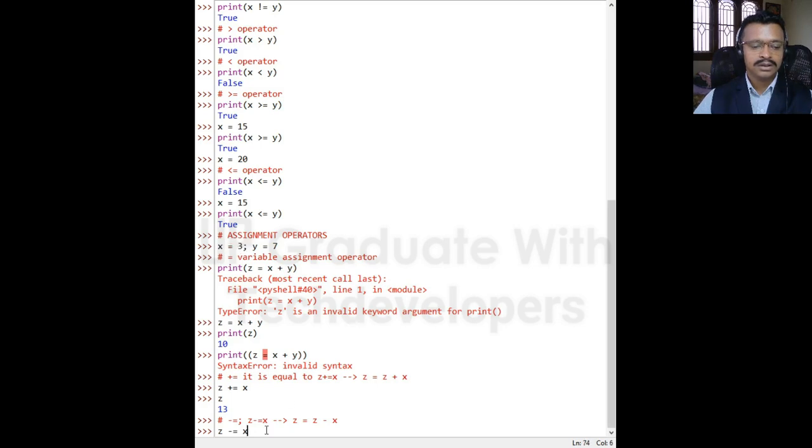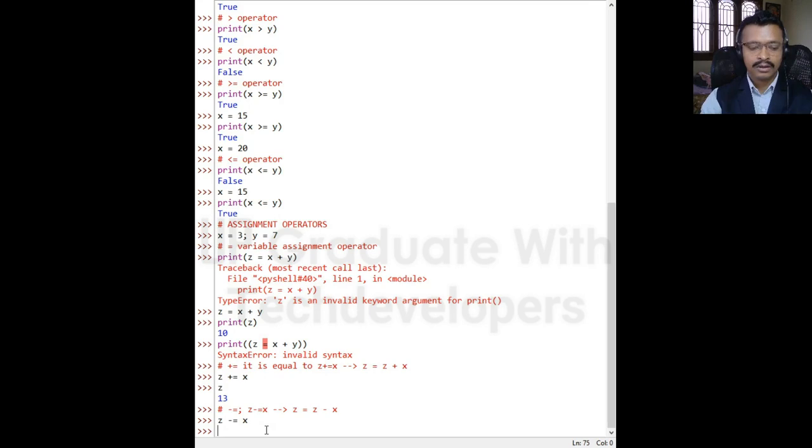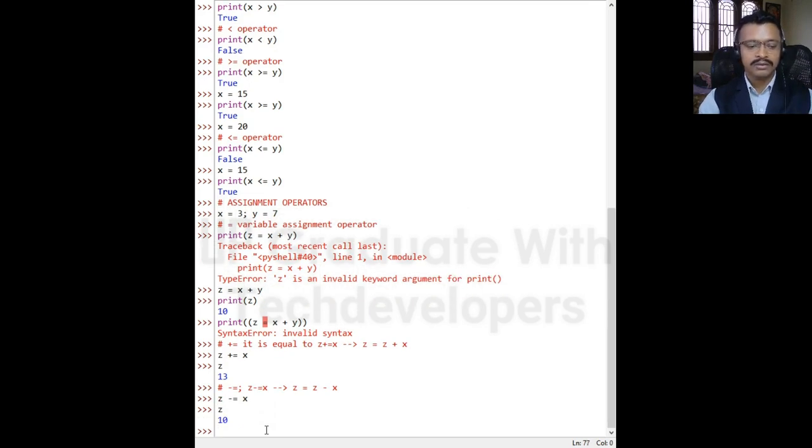So 10 minus 3 is nothing but 7. So our z value will be 10 only. Why is it 10?